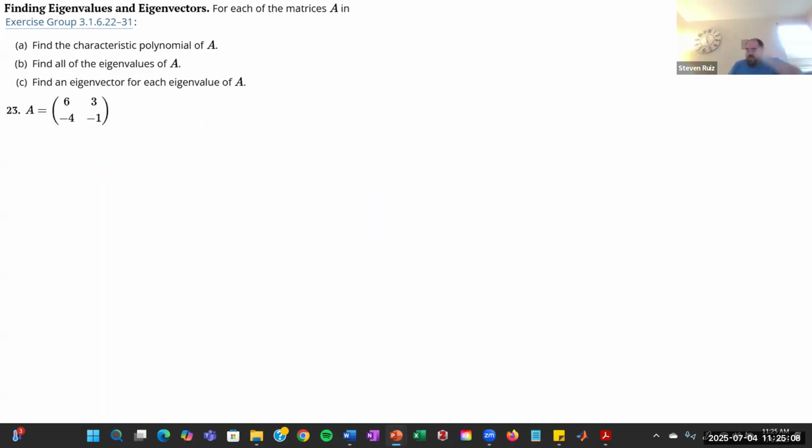We're essentially looking for eigenvalues and eigenvectors for this matrix. To get that, we have to find the characteristic polynomial. That is going to look like this quadratic in lambda: the determinant of A minus lambda I. Let's go ahead and write that matrix out.